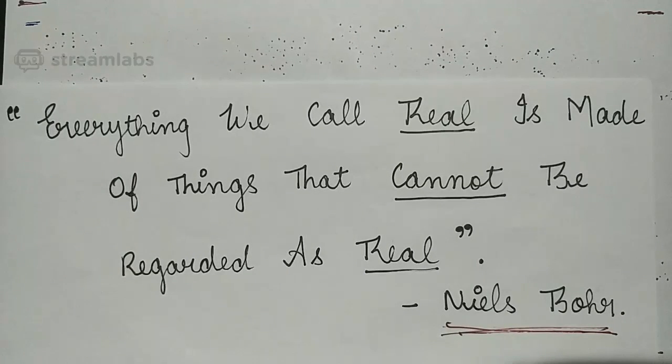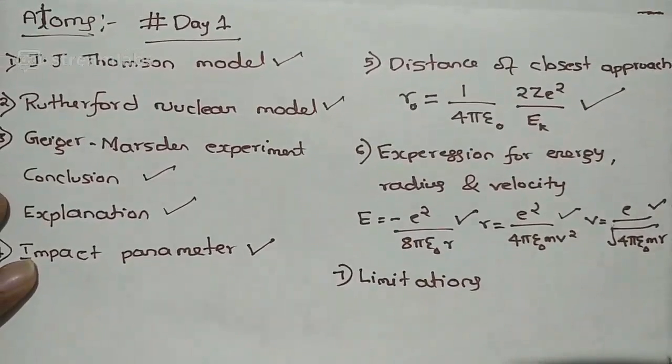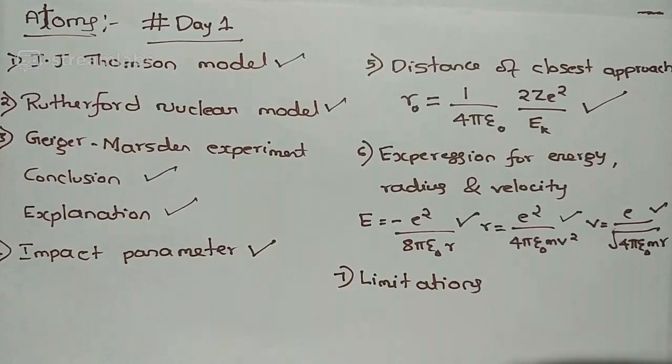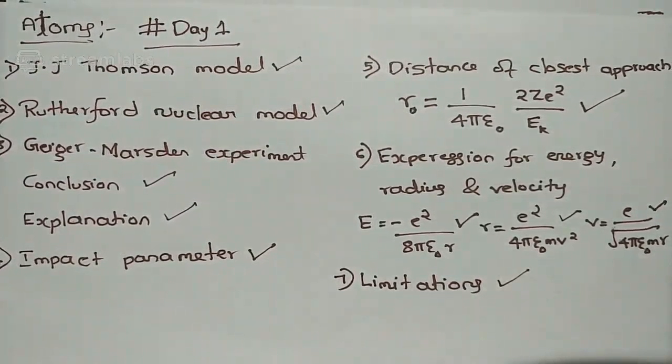So now we are studying Bohr's postulates, Bohr's visualization of Rutherford's model. As I mentioned, the last point we were discussing in the previous class is the limitations of Rutherford's model.